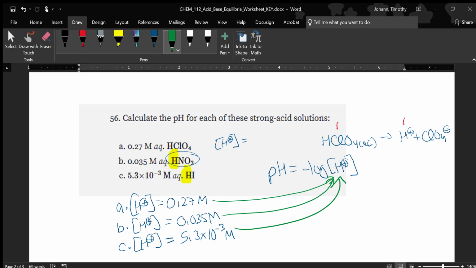If I take my calculator and I put 0.27 into it, and then I take the negative log of that, I take the log and I take it times negative 1, I get a pH of 0.05, I'm sorry, not 0.05, 0.57, okay?